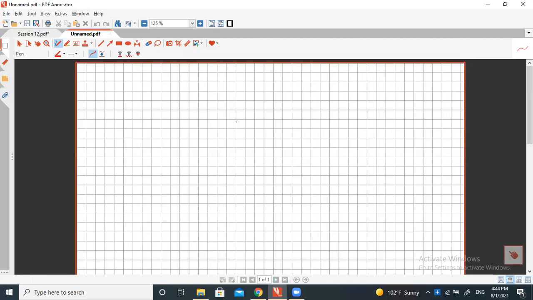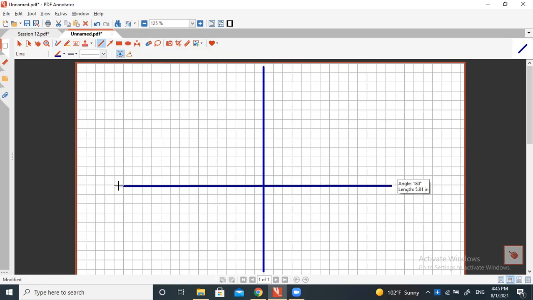Here we go. I suppose that you have this copybook, or you have printed paper like this. Then you draw 2 axes, x and y. It's better to use pencil and ruler. Please try to work with me like this.